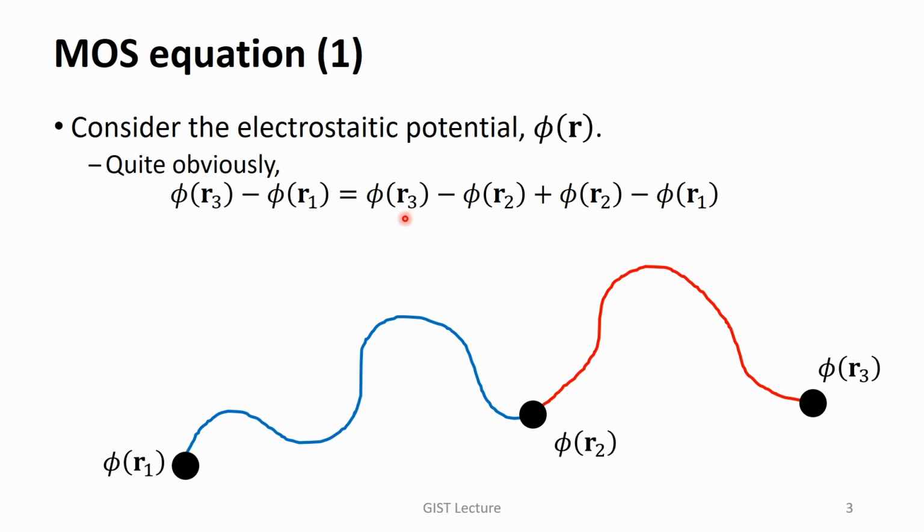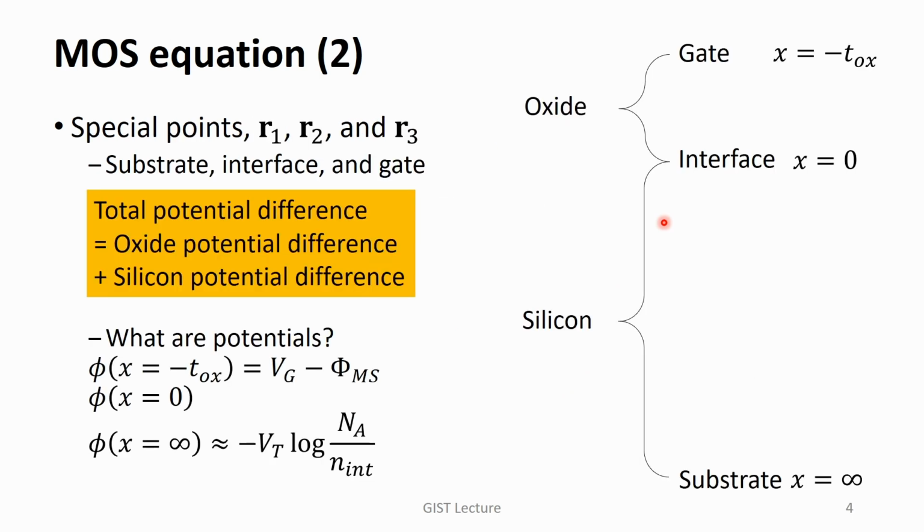Difference between R3 and R2. Difference between R2 and R1. That's it. It is an identity. Yes, it is an identity, and any position can be selected as R1, R2, or R3.